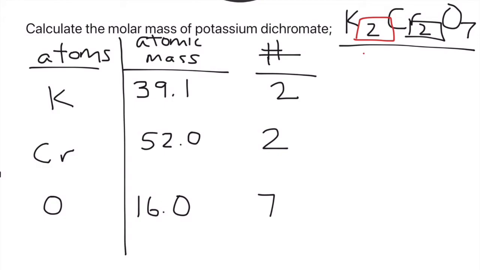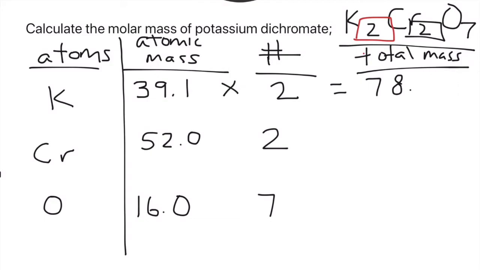We have the number of each of the individual atoms, so we can calculate the total mass of each atom in this compound. So for potassium, we have 2 potassiums, so 2 times 39.1 would give you 78.2, and the unit is grams per mole here.